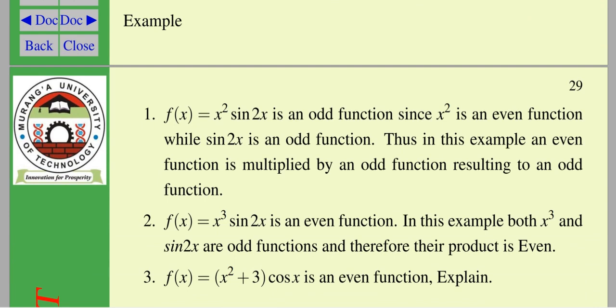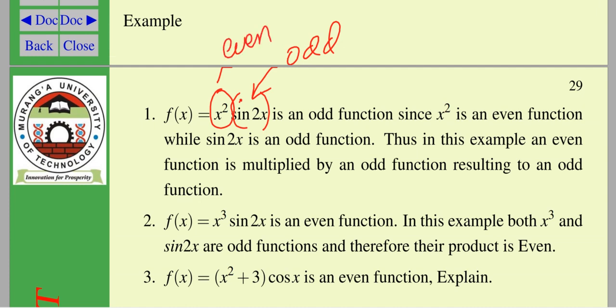So we have an example. A function f of x is equal to x squared sine of 2x. Now sine of 2x is an odd function, and x squared is even.